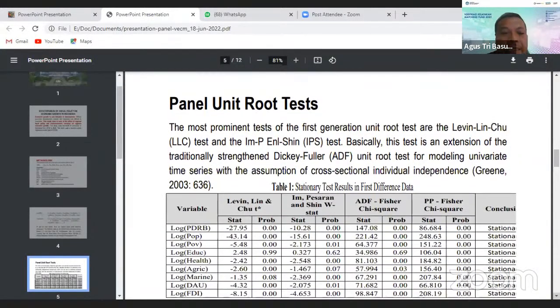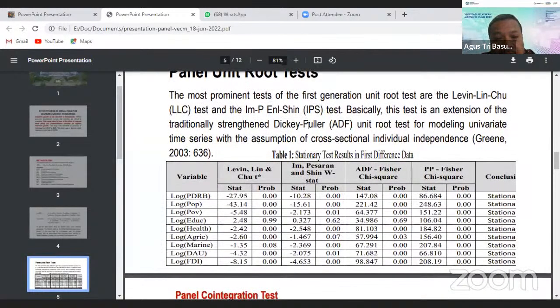Okay, this is the first test, the panel unit root test. You can see it in the table. The unit root test can be tested by the Levin, Lin, and Chu method, Im, Pesaran, and Shin, ADF, and PP Fisher chi-square methods.